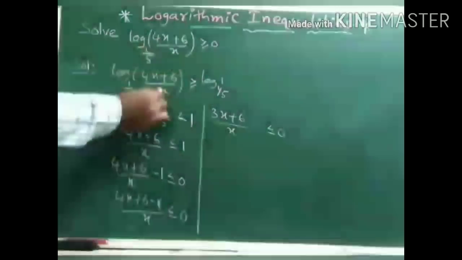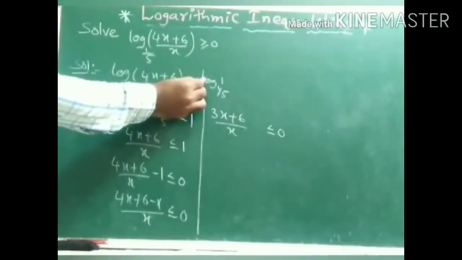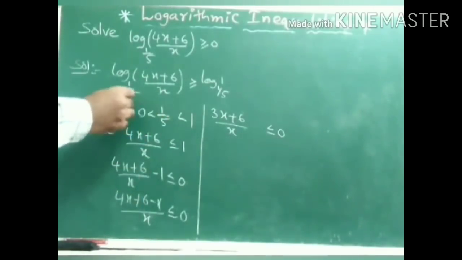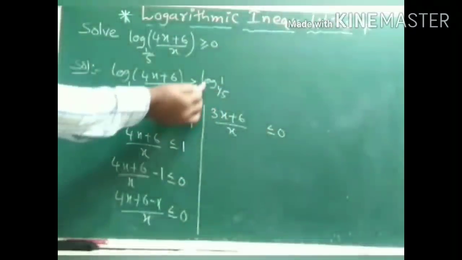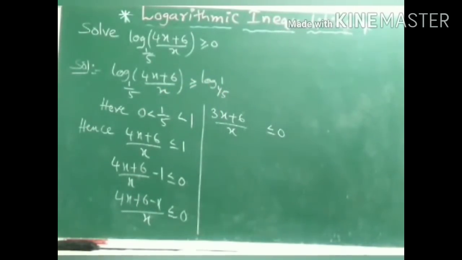So the left part as it is and the right one is 0. Can I mention that log 1 to any base is finally 0, and since we have 1/5 as the base on the left side, let me write this 0 also as log 1 to the base 1/5.